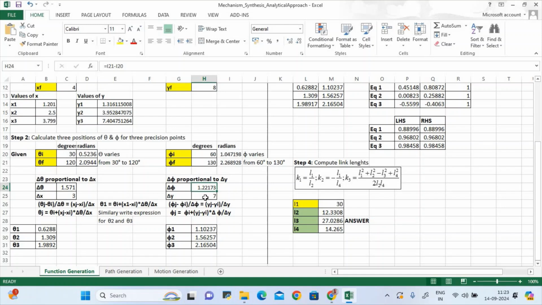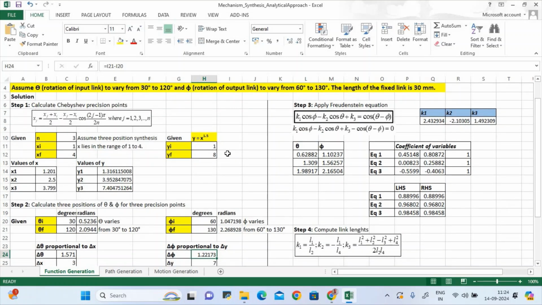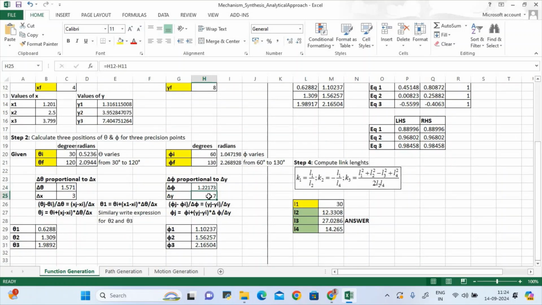Similarly delta y you can calculate. We have already taken up the values of yi and yf, right? From here delta y is simply 8 minus 1, that is 7. So delta y you can write down as 7.